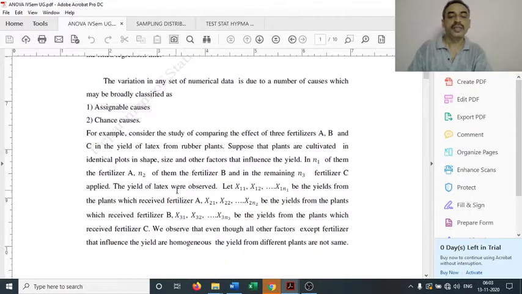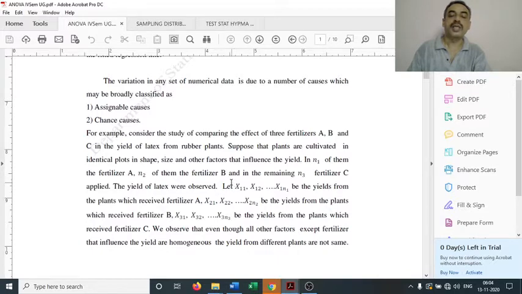Here we consider the notation x11, x12, etc., x1n1. This x11 is the reading from the first unit receiving the first treatment. Here the treatment is the factor under consideration; in the example it is fertilizer or the influence of the teacher.